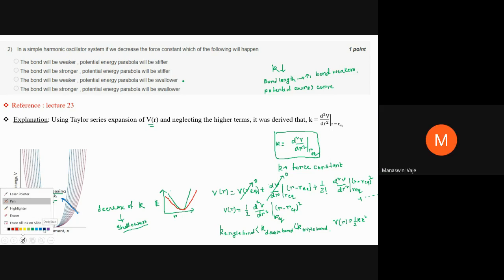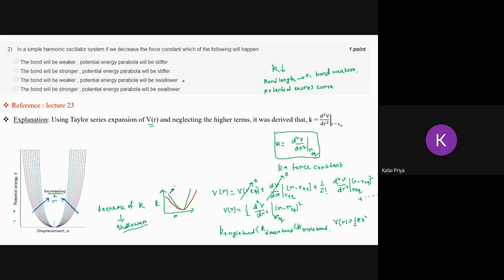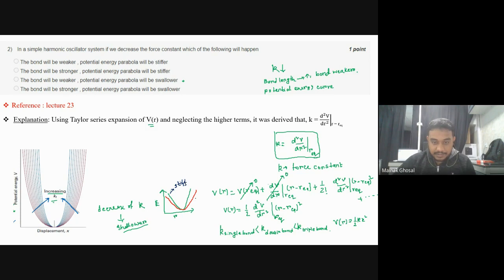Red one is steeper. Is the green one steeper or shallower? Green one is stiffer and red one is shallower, sir. Exactly. Shallow, sorry.